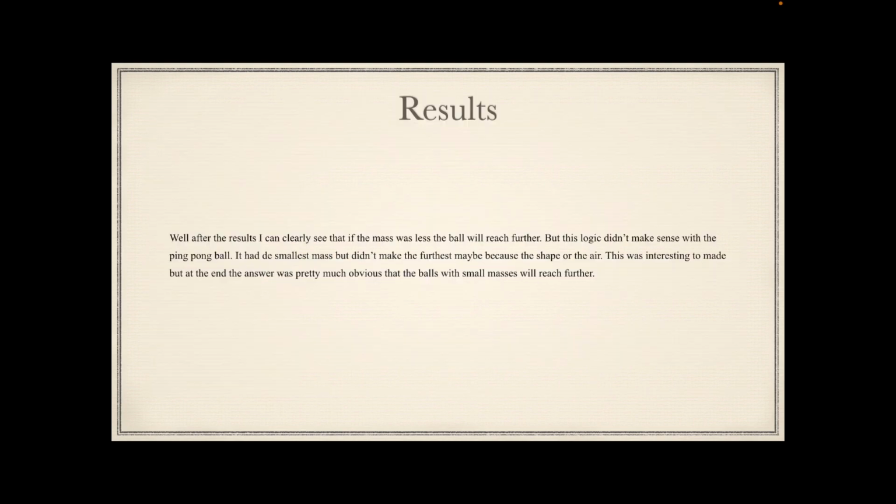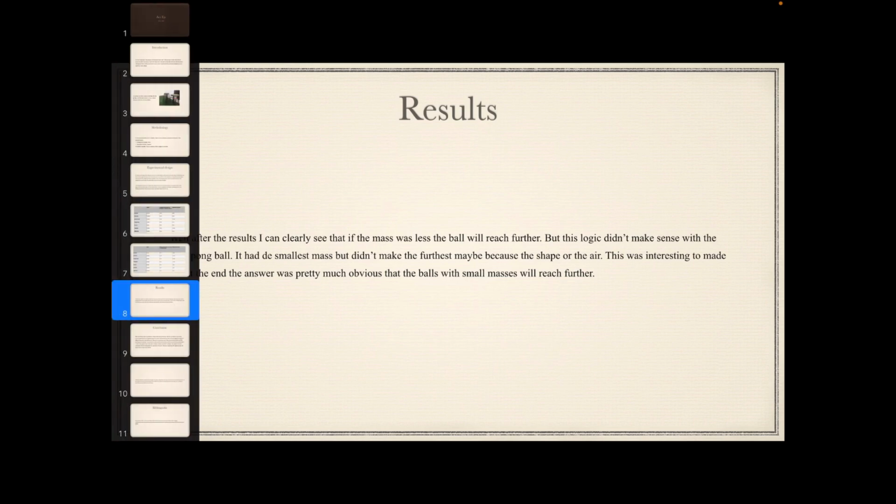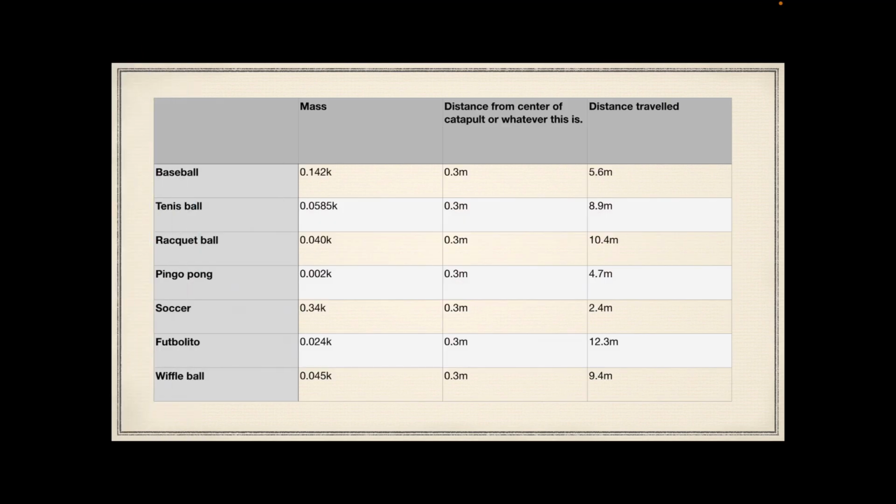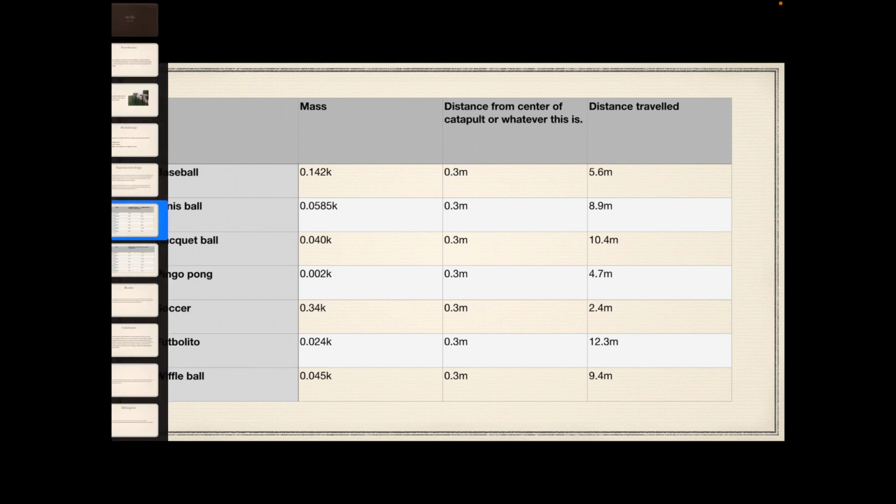So in the results, I can clearly see that balls with less mass were able to reach further, but this logic didn't make sense with the ping pong ball, because it was the one that weighed the least and it didn't make it that far.